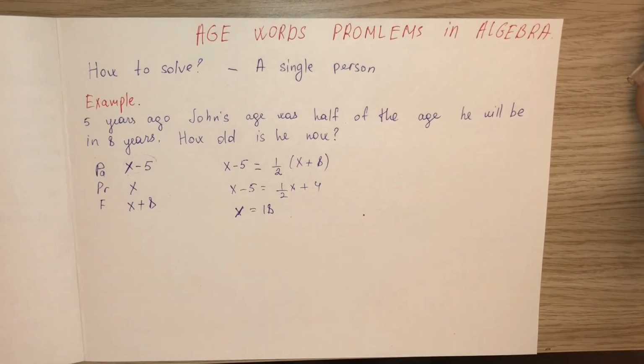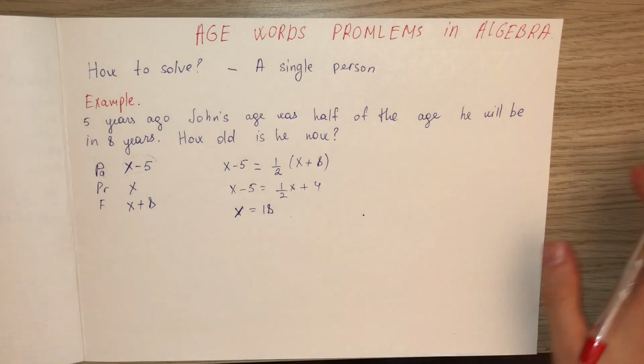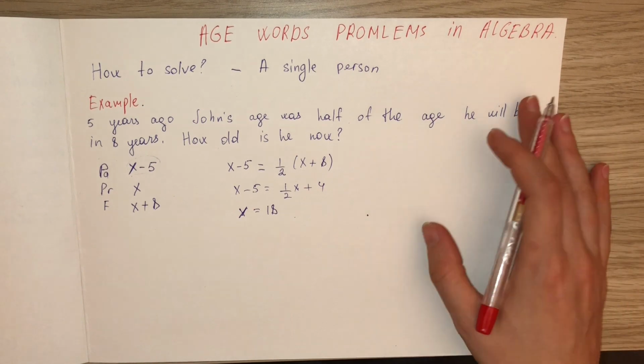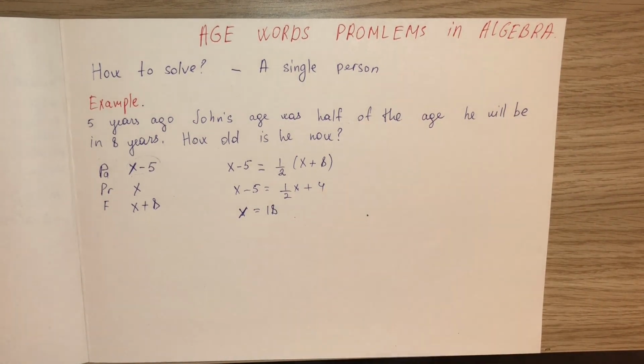If the age problem involves the age of 2 or more people, then using a table would be a good idea. A table will help you to organize the information and to write the equations. Let's show an example.